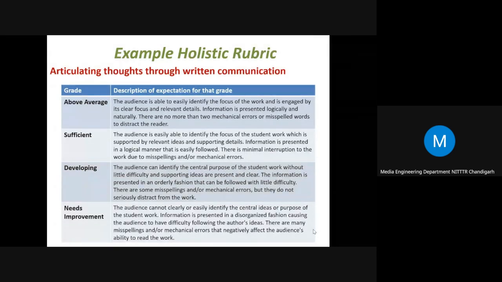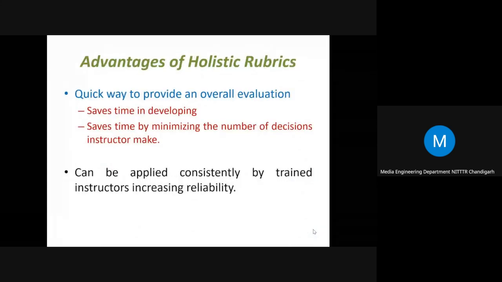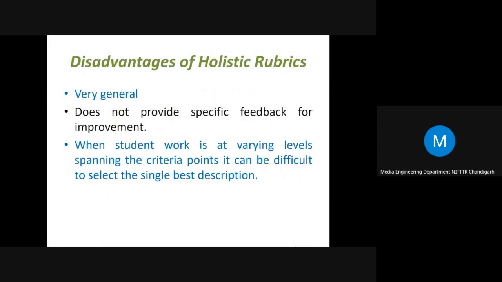If we avoid above average, we are giving a grade which does not match the student work. Similarly, if we avoid sufficient, then in our mind, although one part is not met, the other two parts are met. So many times there will be some confusion or difficulty in selecting the best single description when the student work is at varying levels, spanning the criteria points.